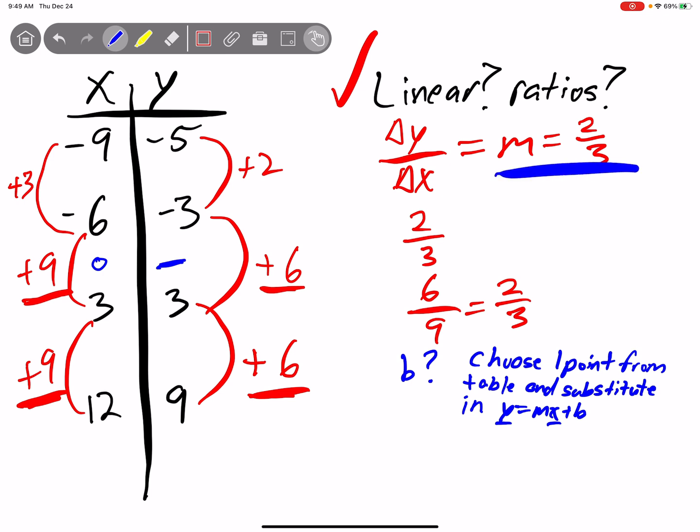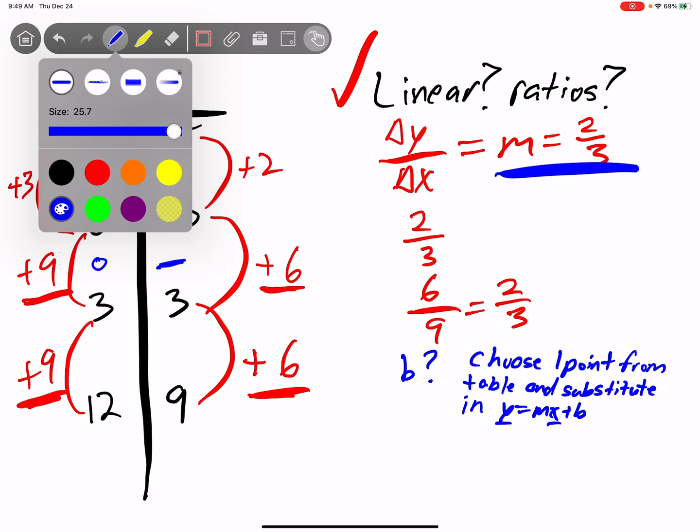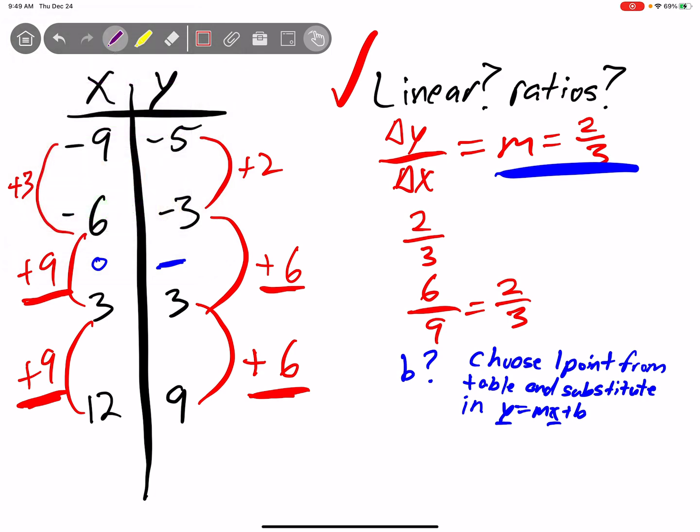Because we already know m. Well, if we know m and we know an x and a y, then we can solve for b. So how that looks is the following.